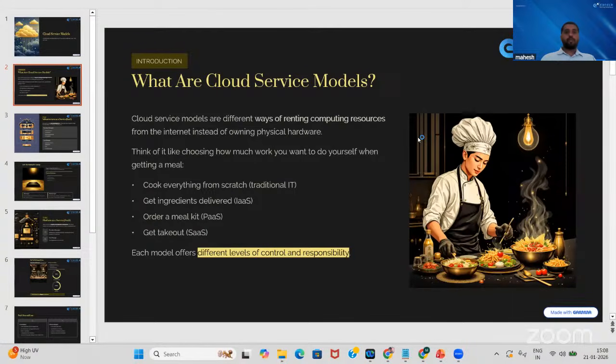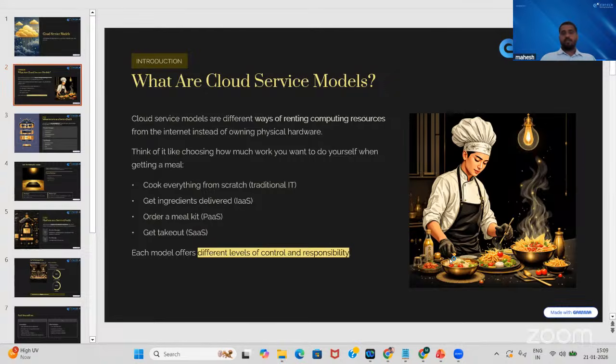Then what about service models? Service models mainly talk about how we access different varieties of services from the cloud provider. We all know that we are completely dependent upon the cloud provider for getting a huge amount of resources. So what category of services exactly are we getting from the cloud provider, and how can we manage them? They are all very important.